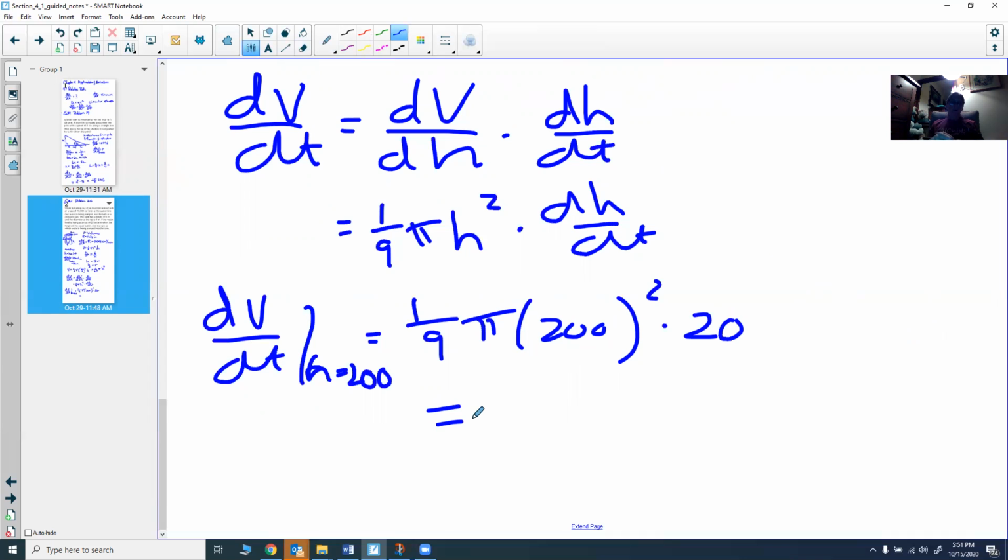So we have 200 squared times 20, divided by 9, times pi, of course. And that's approximately 279,252.7. I'm using approximately equal to because I did the pi.